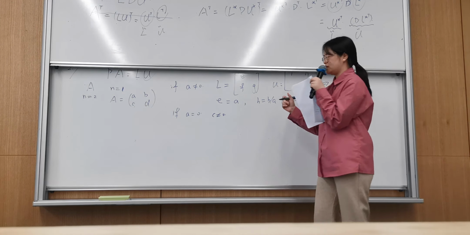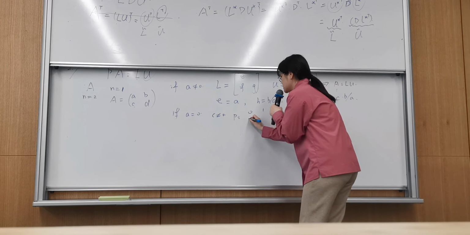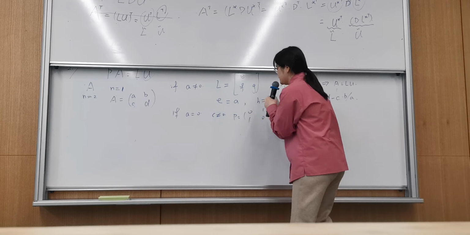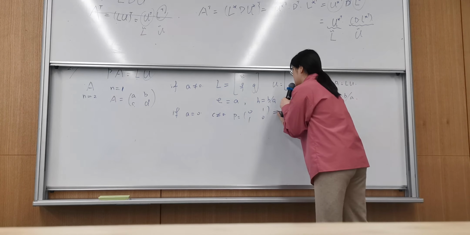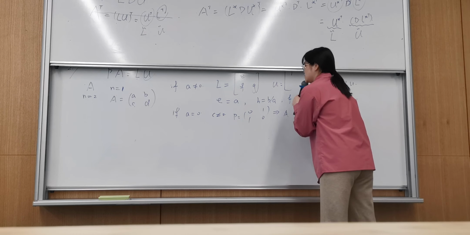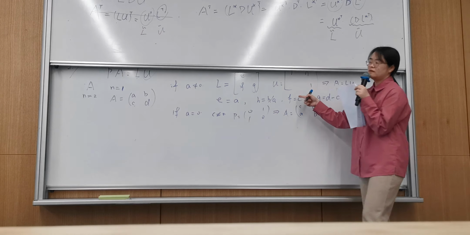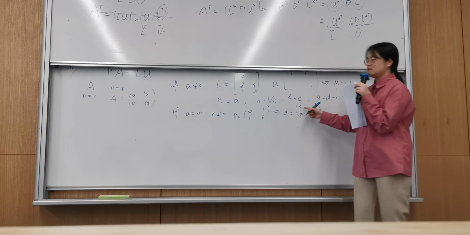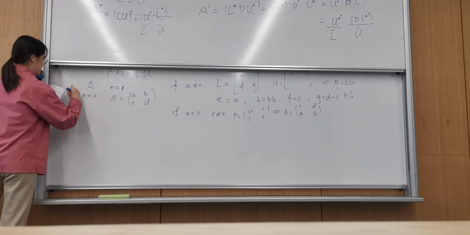And then we can do the pivoting here, where P is equal to 0, 1, 1, 0. This pivoting matrix will exchange row 1 and row 2, making our matrix A into C, D, A, B. And we follow the steps previously. So we prove for n equal to 2 this is true. This is our first step.